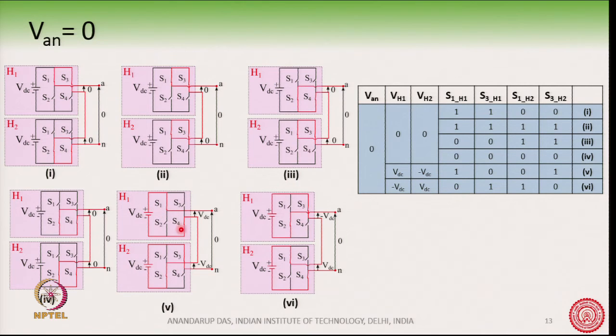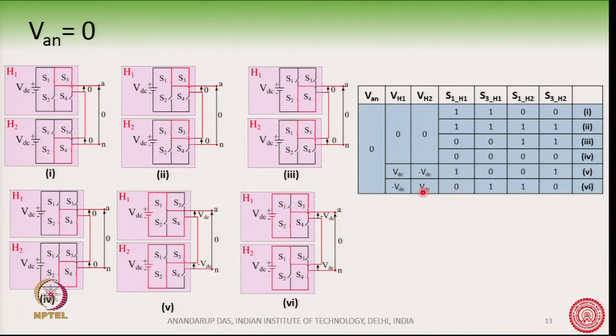We have connected this diagonal and this diagonal, and you see that the voltage produced by H1 is opposing the voltage produced by H2. H1 is producing plus VDC, while H2 is producing minus VDC, and they are opposing each other, so that the net voltage VAN is equal to 0.